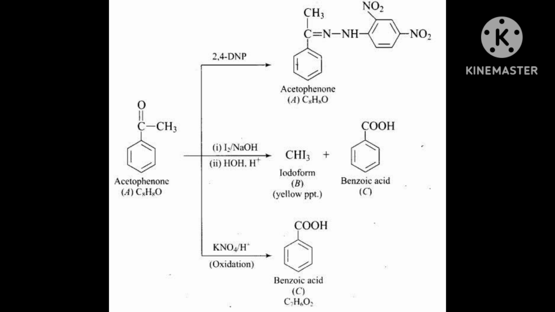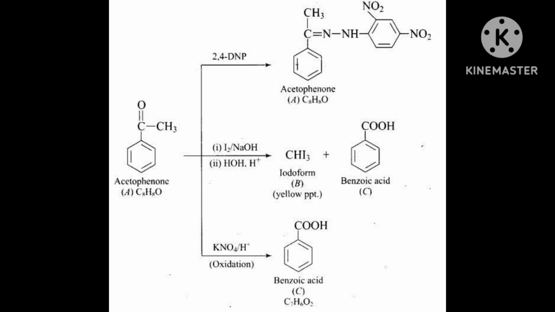COOH means benzoic acid. It will give you benzoic acid, benzene with a COOH group. The CO group will be converted into a carboxylic group. This will be benzoic acid. And now compound B will be benzoic acid.